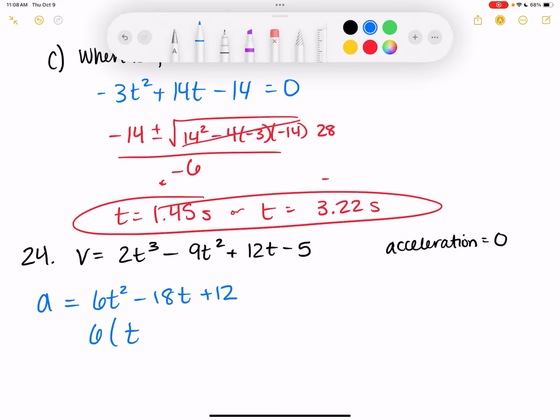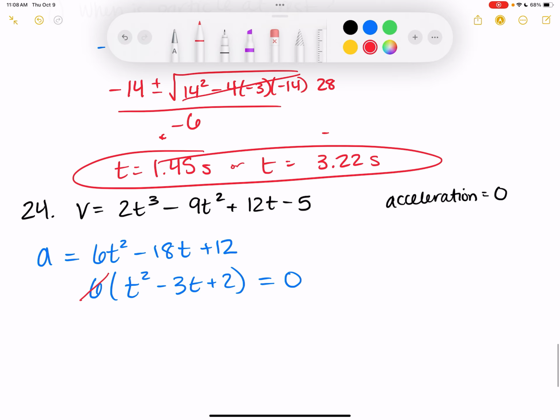So then I would have t squared minus 3t plus 2 when I set it equal to 0, because then obviously the 6 will go away. And then what would this factor into? Because those are nice, easy numbers. It would be t squared minus 2t minus t plus 2.